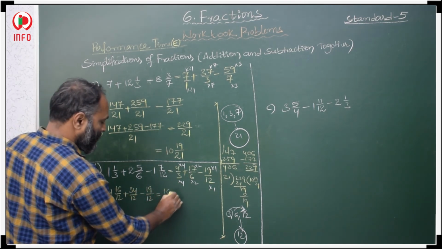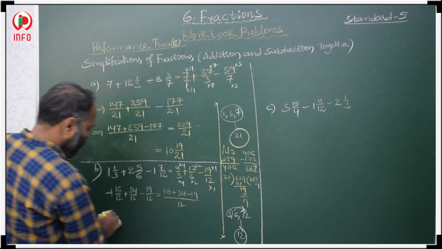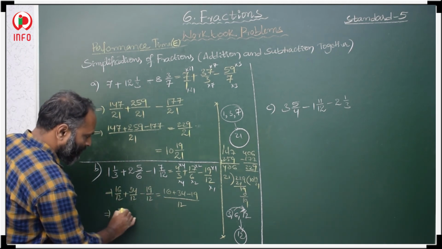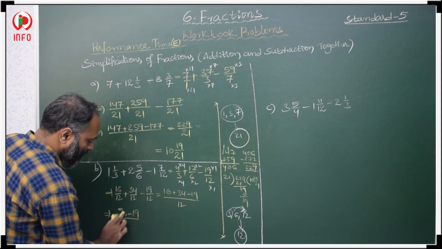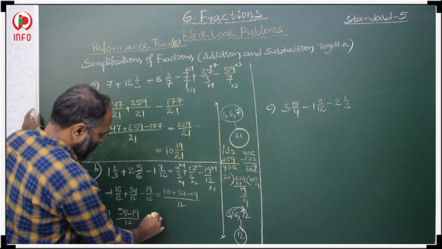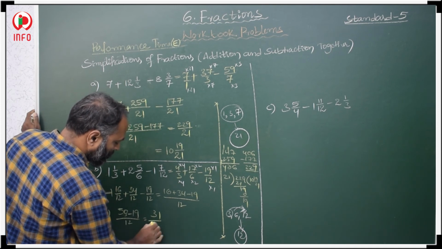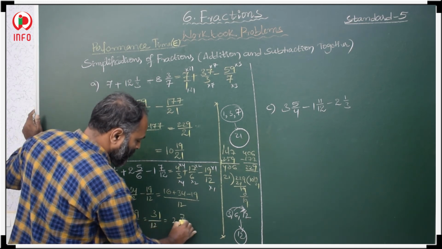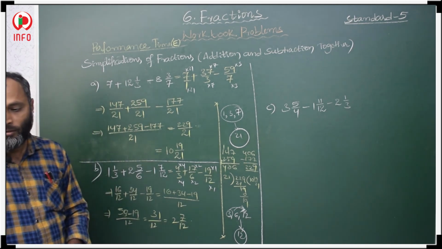Then 16 plus 34 minus 19 by 12. 16 plus 34 is 50, 50 minus 19 is 31 by 12. 12 2s are 24, so 2 and 7 by 12. This is the answer.